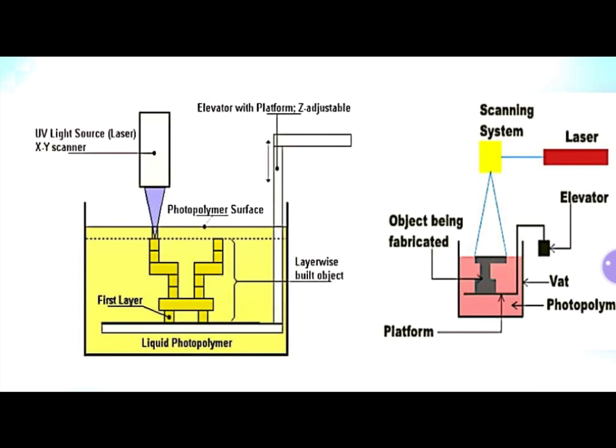So after getting the final 3D model, we are going to take out this model from the resin material and clean the excess resin that is adhered on the surface of the walls. So basically, this type of additive manufacturing technique is used to create the prototype.